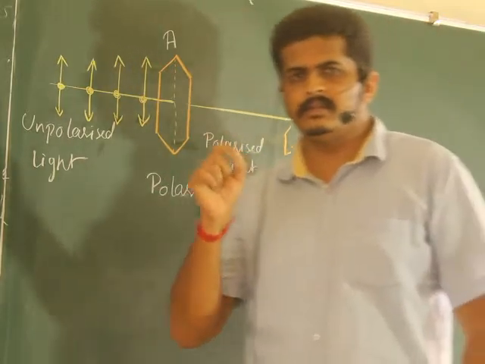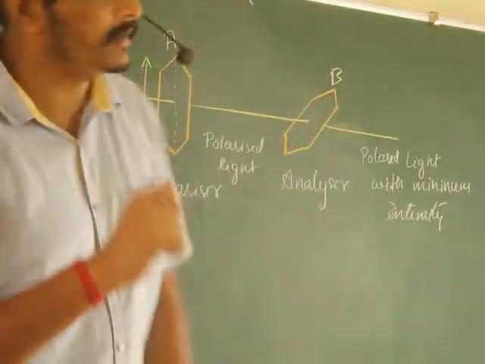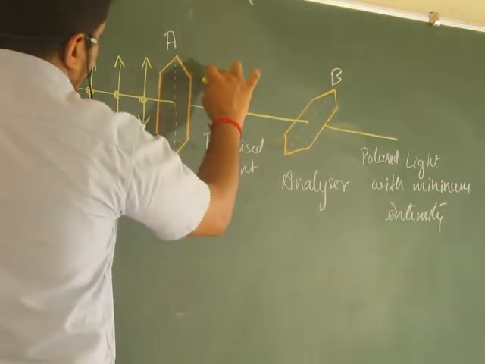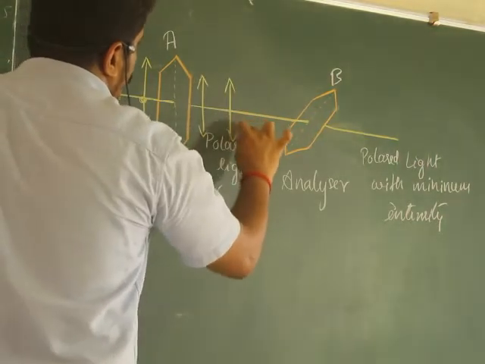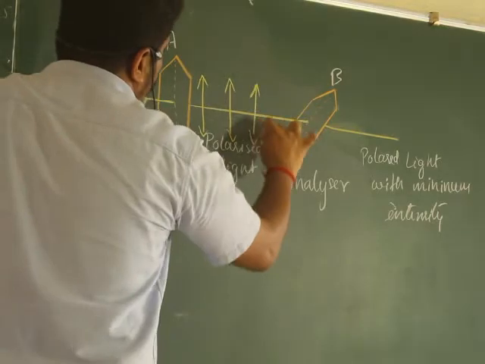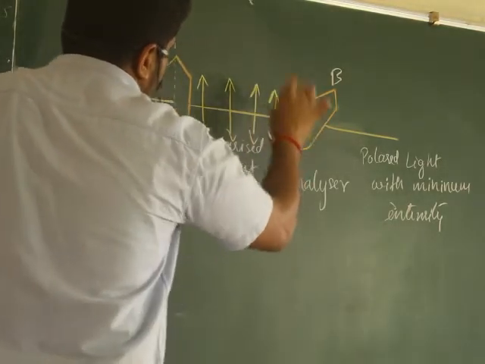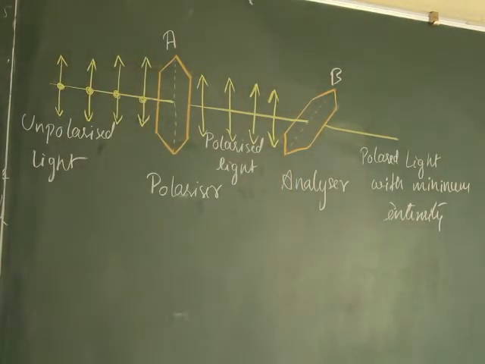So, same as the previous diagram, you can see only vertical vibrations will be present here, like this. So after entering A, what happens? The unpolarized light will be polarized, horizontal vibrations are cut off, only vertical vibrations are seen. Am I right?